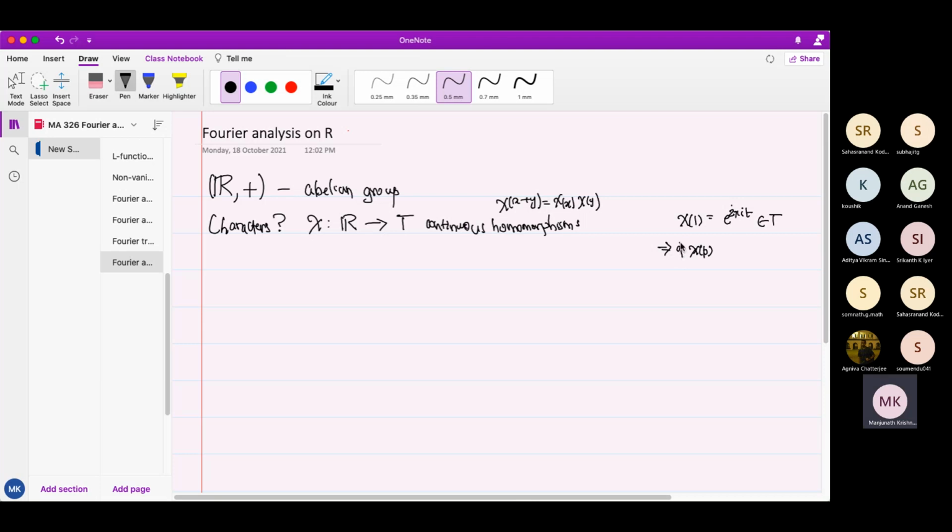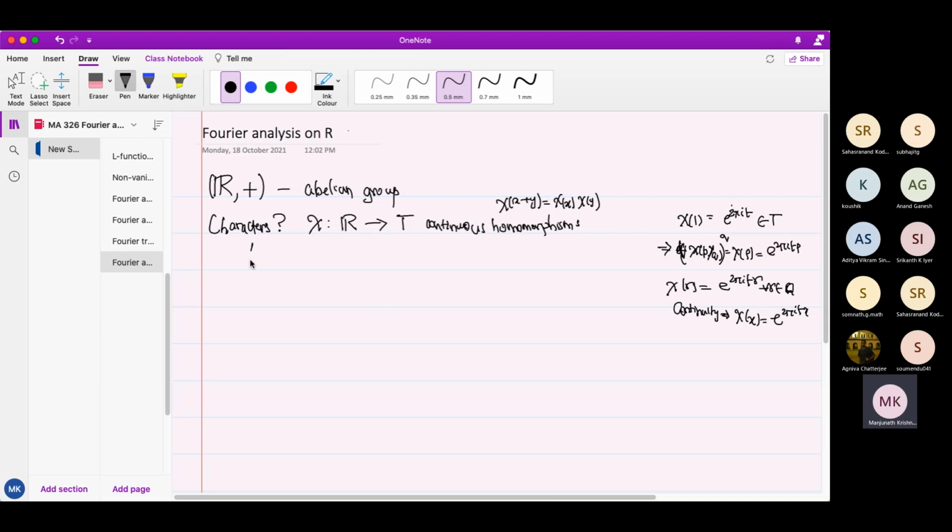Then we extend to rationals and then to reals. So chi of p by q to the power q is chi of p, which is chi of 1 to the p, so it will be e to the 2 pi i t p. So what it means is that chi of r is e to the 2 pi i t r for all rational r, and then continuity takes care that for any x it is e to the 2 pi i t x.